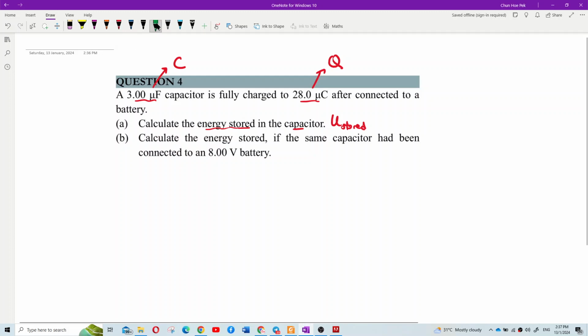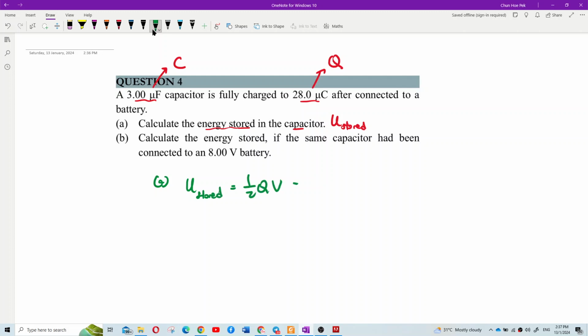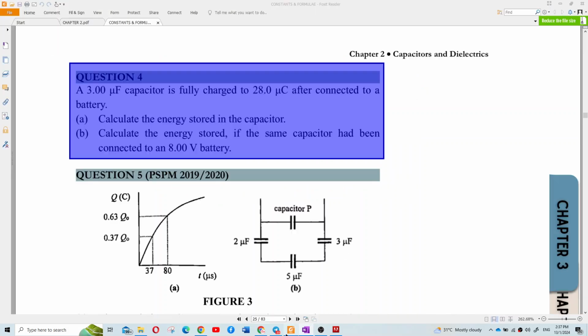So how to find energy stored? Very simple, just use the formula. Energy stored in capacitor is half QV, or half CV squared, or half Q squared over C. Remember this.